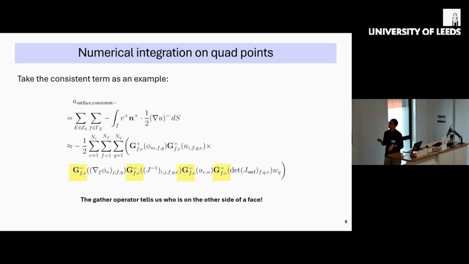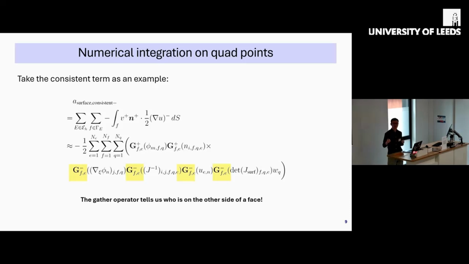And how do we actually calculate that integration? We use numerical integration on quadrature points. So if you expand this integration here, you get discrete values of the shape functions, the Jacobian, and your solution vector on your discrete nodes and also on quadrature points.